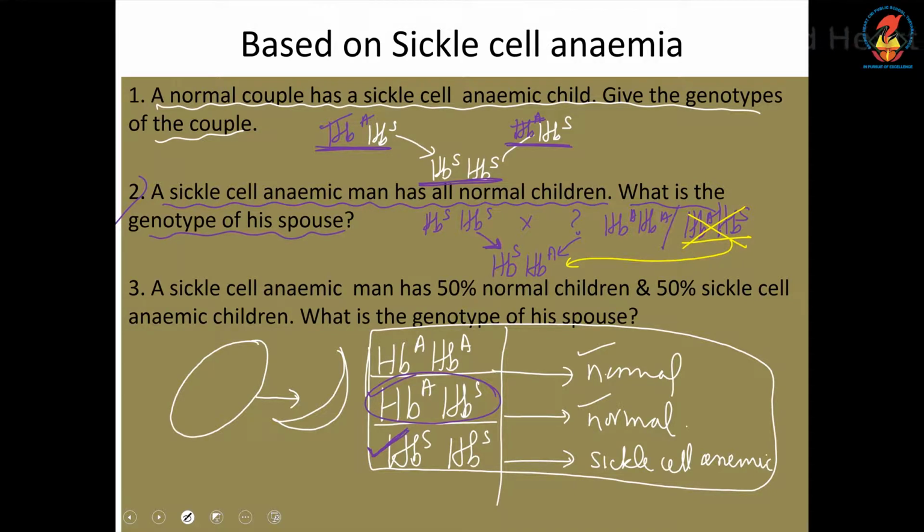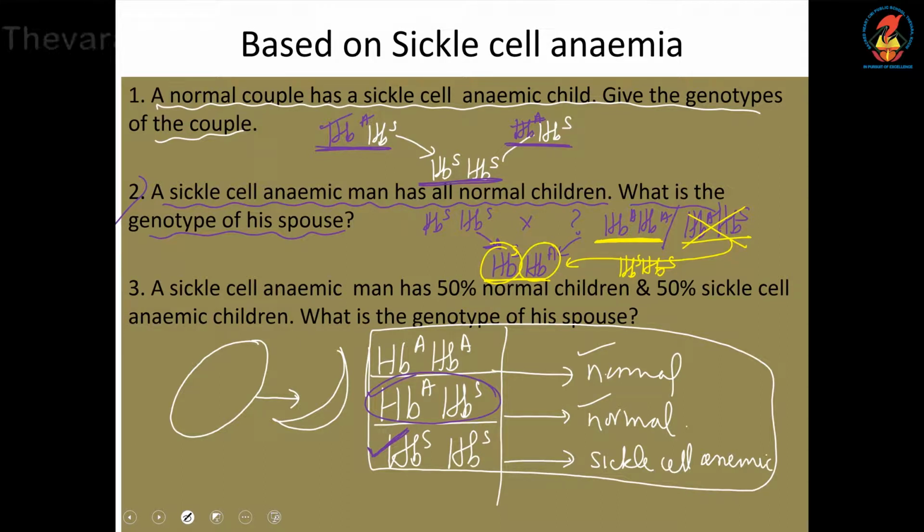All the children born to them, it is not one child, all the children born to them are normal, which means that the mother is homozygous, HbA HbA, not HbA HbS. If at all she is HbA HbS, at least one child will get the HbS from her and from the father HbS. So father definitely will contribute the HbS, so the mother should contribute HbA.